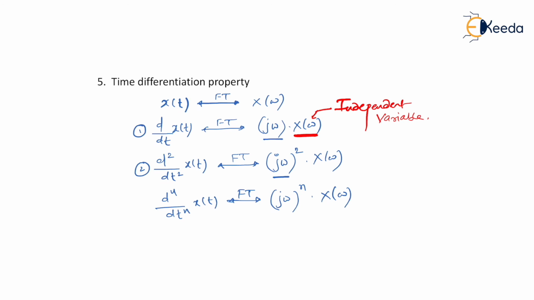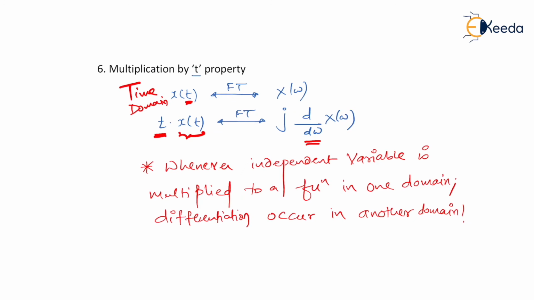The function is multiplied with omega, and as you can see, what happened in the other domain is differentiation. So whenever you multiply a function with its independent variable, differentiation takes place in the other domain. This is also what is happening in this property. Let's move to the next property.